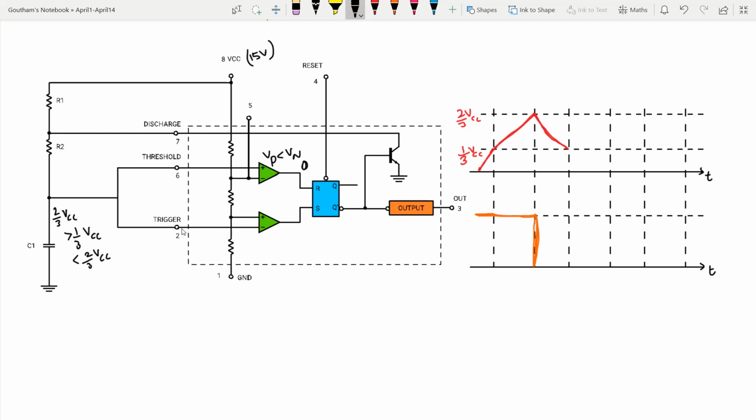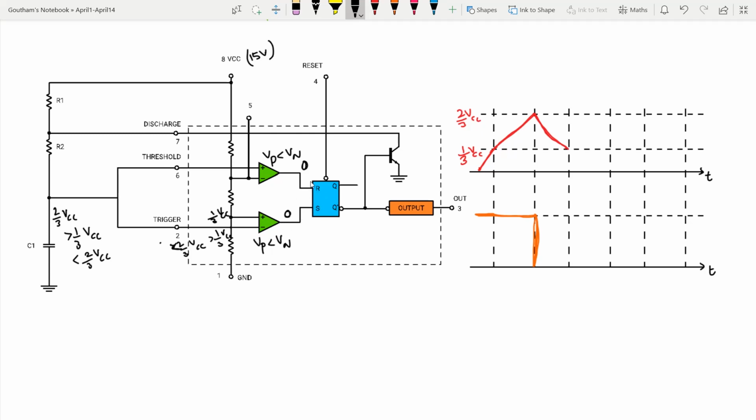Here also, this trigger Vp is connected to 1/3 VCC, and the trigger has a value less than 2/3 VCC but greater than 1/3 VCC. So the voltage across the trigger is greater than 1/3 VCC, that is nothing but Vp less than Vn. So the output of this trigger comparator is also 0.